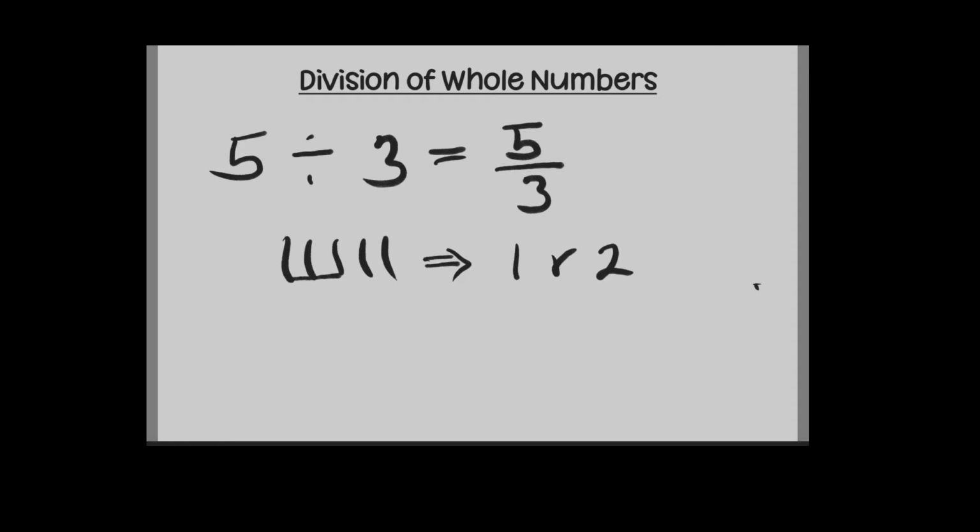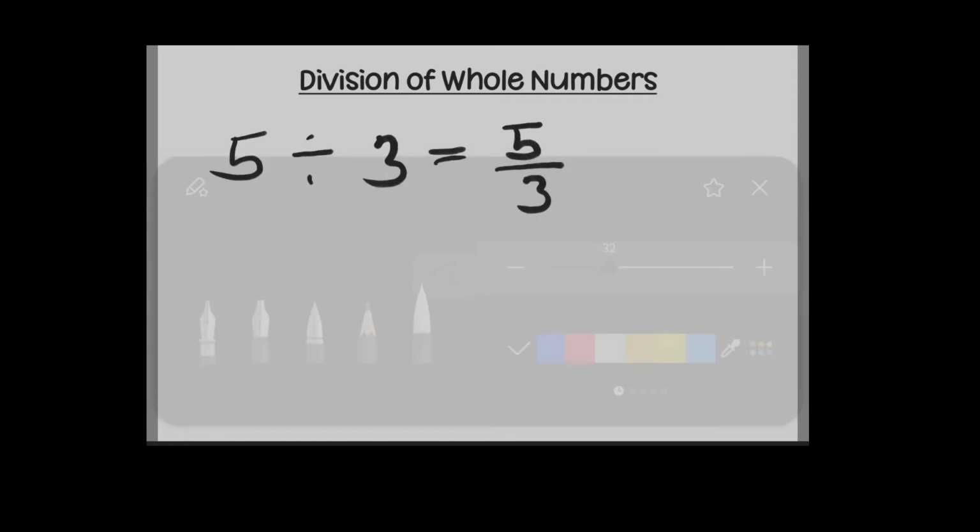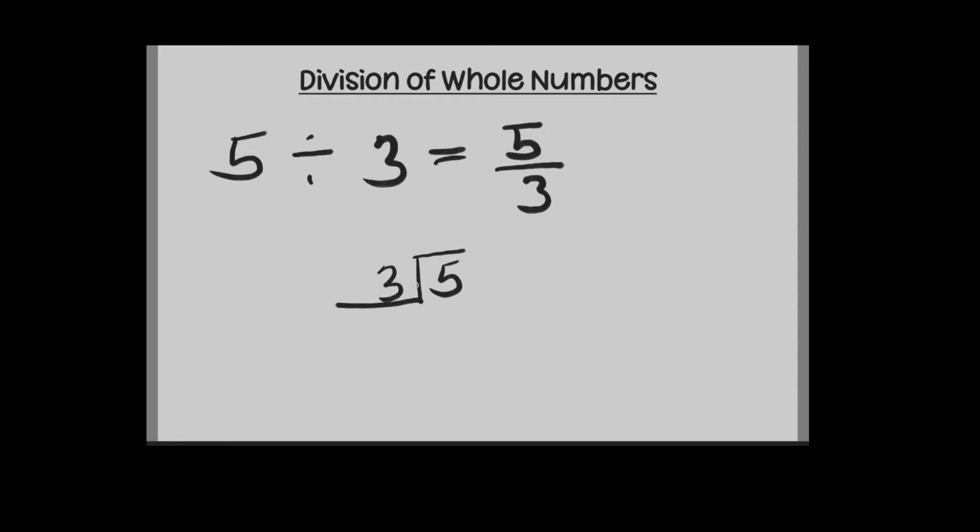So in the previous example, I gave you another way you can do division, which is you can do it this way. You say 5 here and 3. So you say 5 divided by 3 is 1. So you have 1 here. Then you say 3 times 1 is 3. Okay. So you put a minus here.